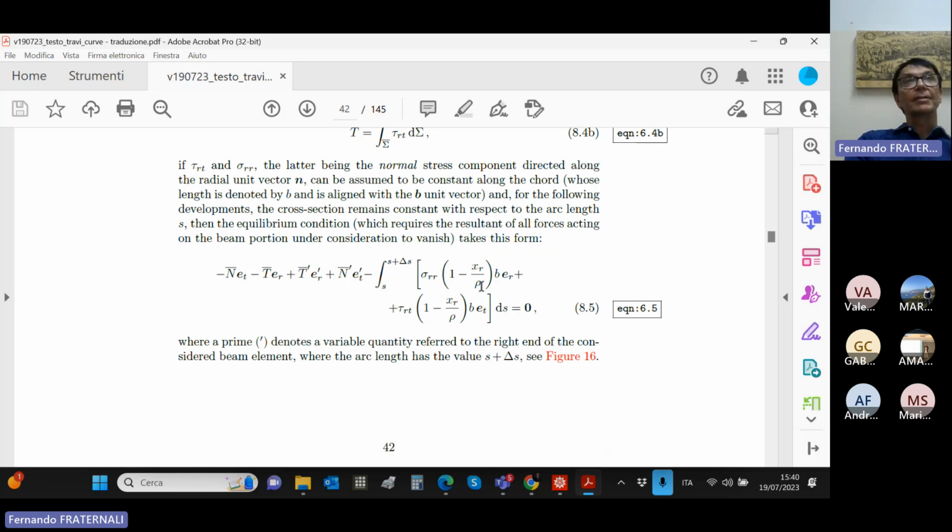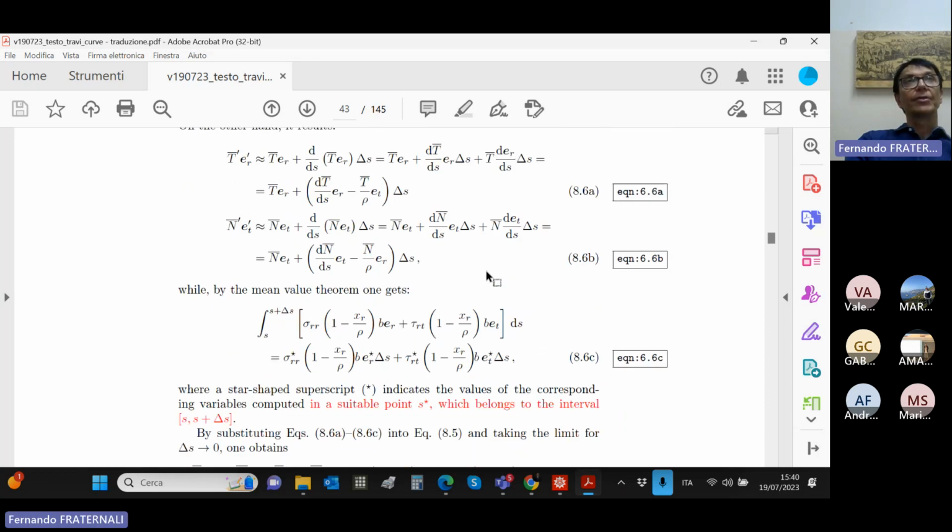And what we do is that we use the mean value theorem. So this integral, we put equal to the value of the integrand, the quantity that is integrated, at a suitable point of the integration interval.